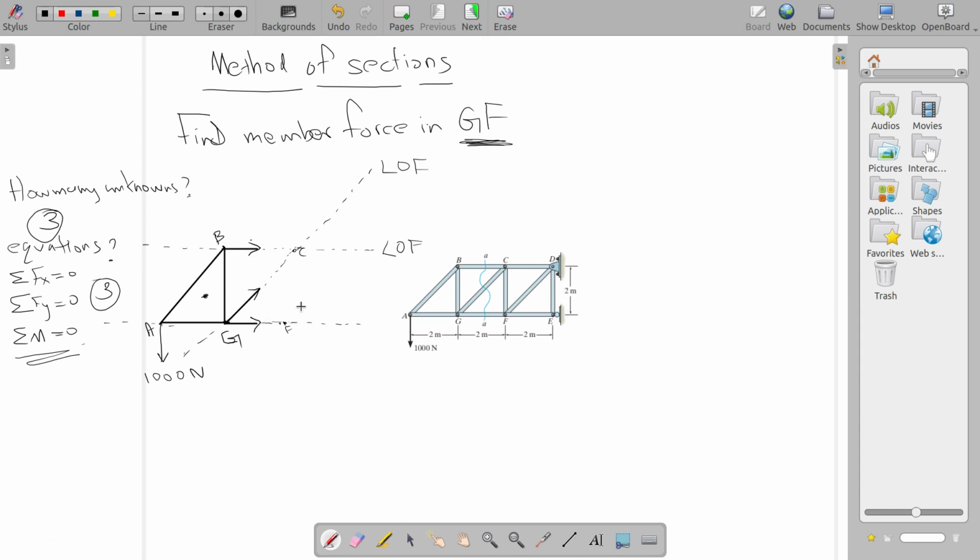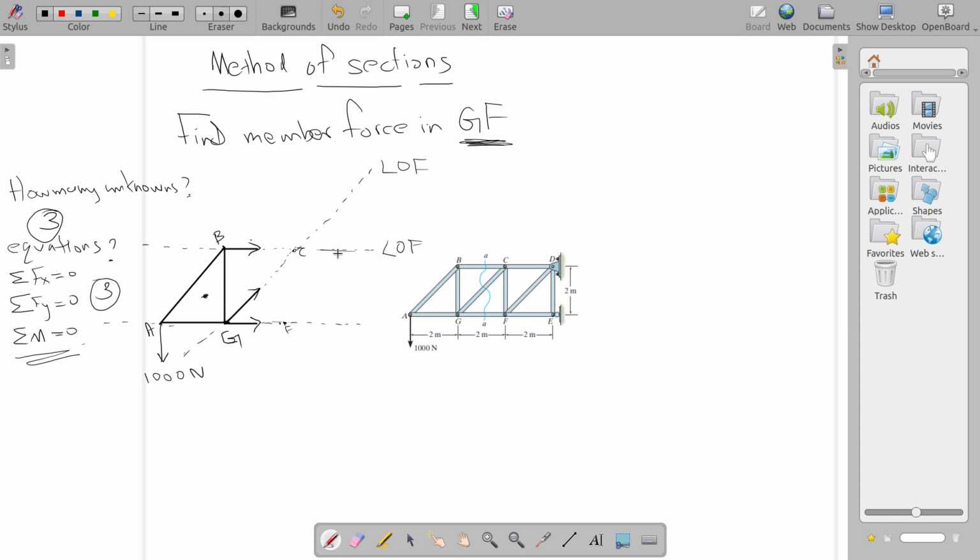So we would like to find a point in such a way that all other unknowns disappear and GF appears in the equation. We want to calculate GF, so we will not choose a point on GF, because then GF will not be there in the equation and we will not be able to solve GF in a single step. So what are the lines of action of the other 2 unknowns? This is one line of action, and this is the other line of action.